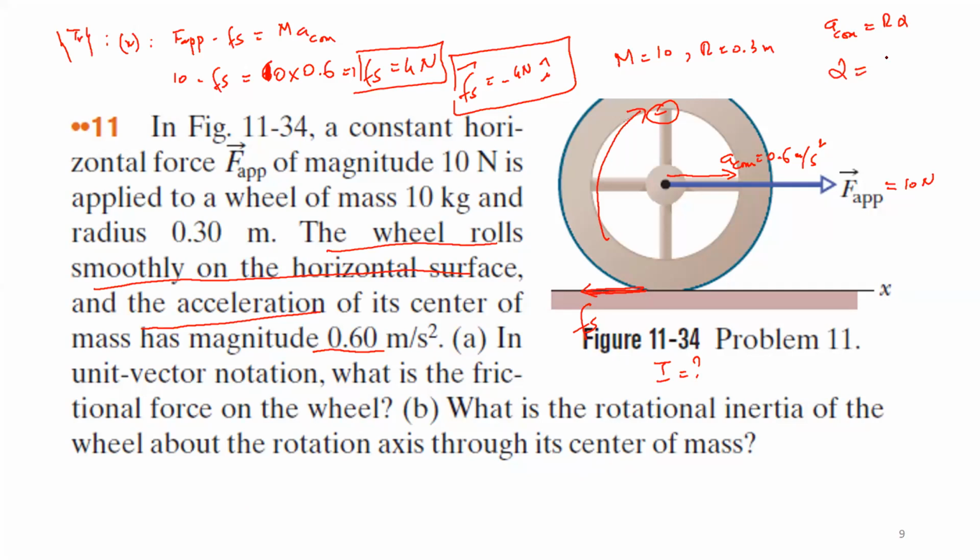That means alpha is the acceleration of the center of mass divided by R. Basically it will be 0.6 divided by 0.3. So alpha is 2 radian per second squared in magnitude. In direction, alpha is negative, because it is clockwise.